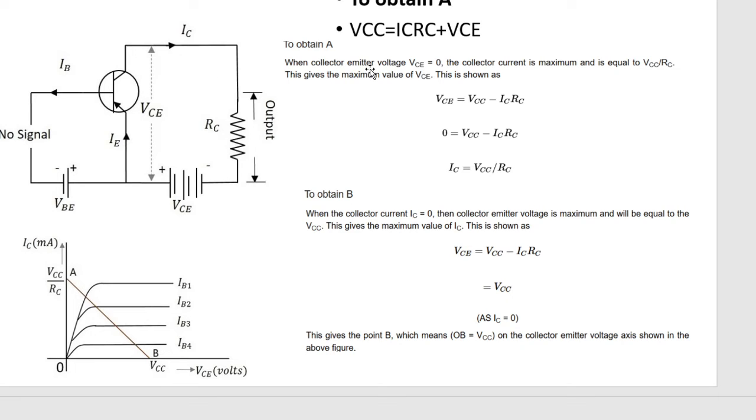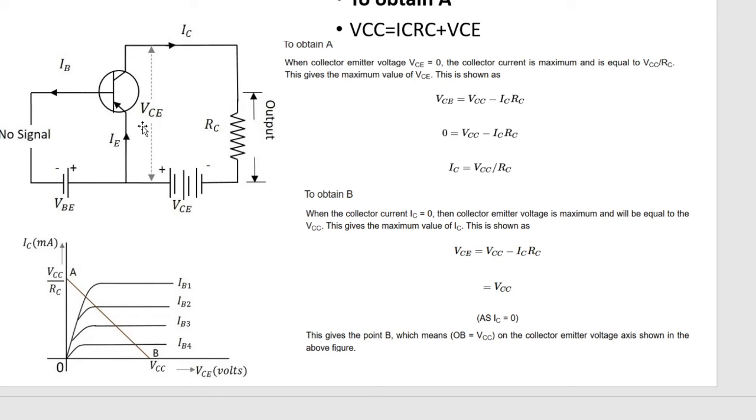You know that when the transistor is on, the collector current IC is maximum, and VCE will be approximately 0 volt, or the transistor is acting like a short circuit.